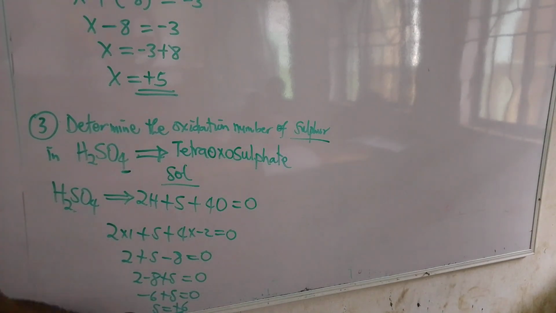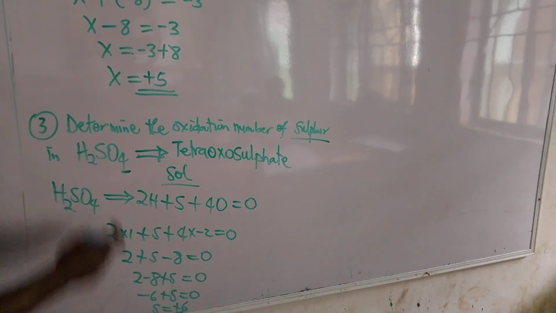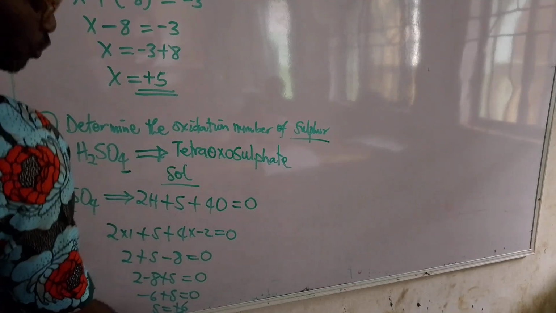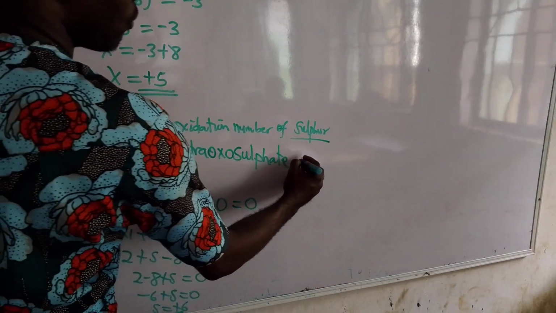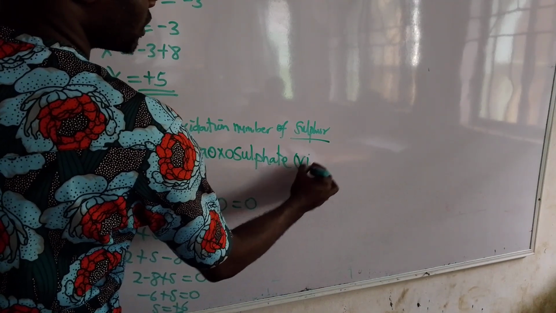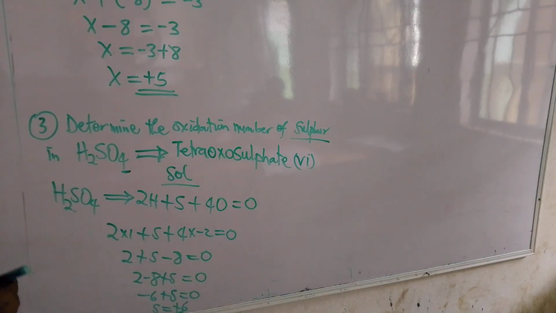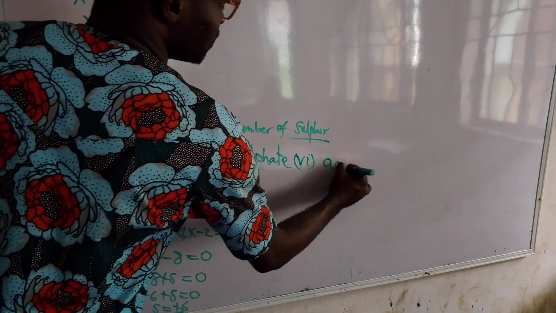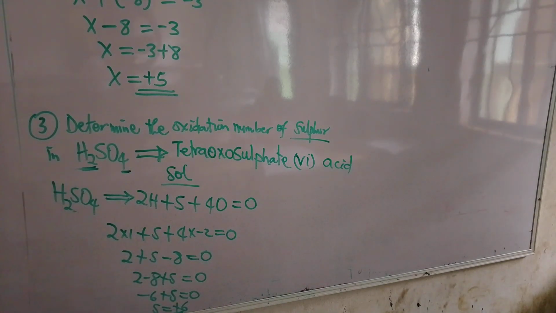And we just calculated the oxidation state of sulfur, so you must follow it with the oxidation number, which is what? 6. You write it with an open bracket in Roman numeral form. So now the hydrogen means the acid. Can you see hydrogen is not pronounced at all? Tetraoxosulfate 6 acid, H2SO4. So that is how it is pronounced.